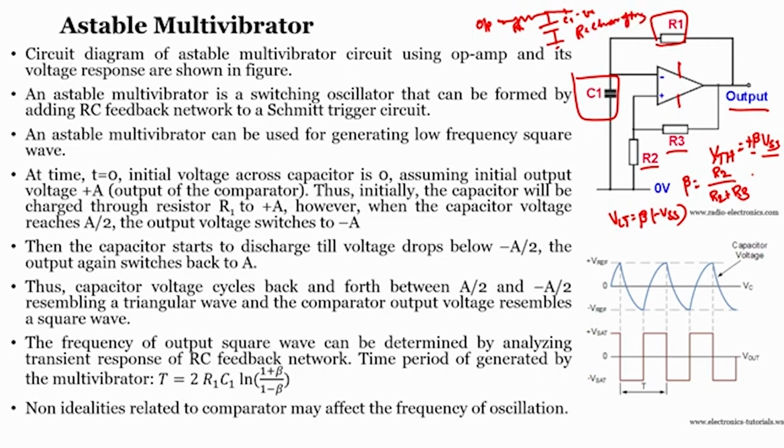But what is the charging of your RC filter? At what voltage will it charge? It charges up to the input applied to the RC filter. In this case, the input applied to the RC filter is nothing but the output of your op amp. That means, when your output is in the positive state, the capacitor will try to charge to the plus VCC state.